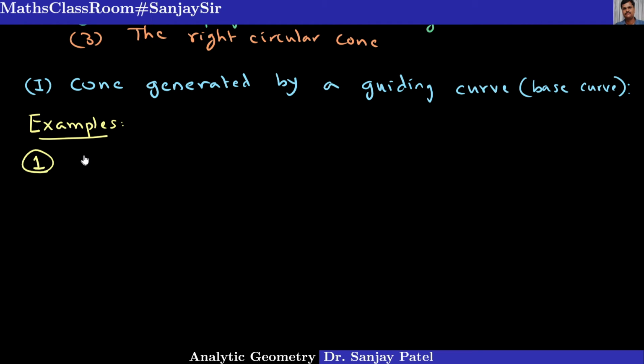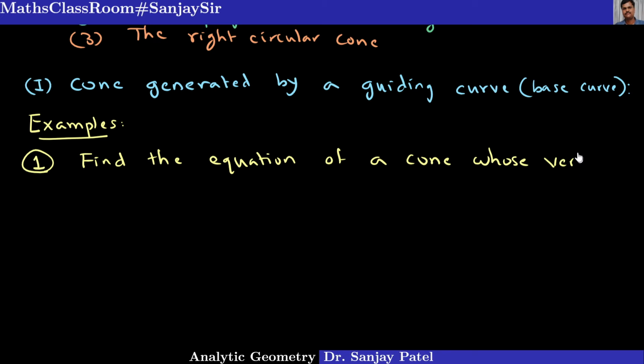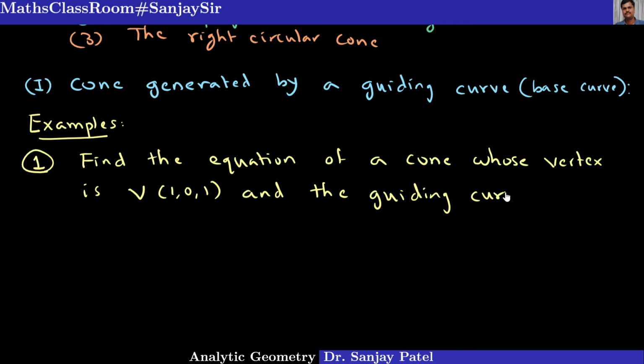Say, find the equation of a cone whose vertex, now we know what is vertex, whose vertex is the point V(1,0,1), and the guiding curve is given by x square plus y square is equal to 3 and z is equal to 0.